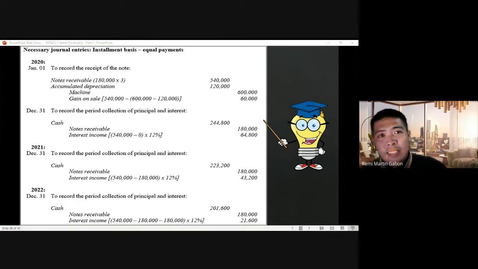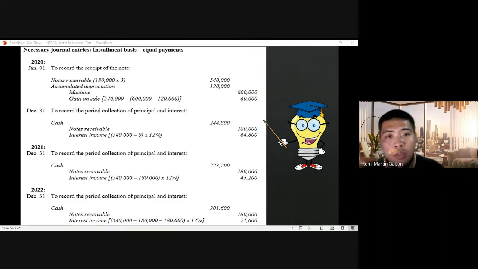Okay? They became equal payments because our credit to notes receivable is an equal amount, 180,000. Then for December 2022, the last installment of 180,000 multiplied by 12% is 21,600, plus 180,000, that should be a debit to cash of 201,600.